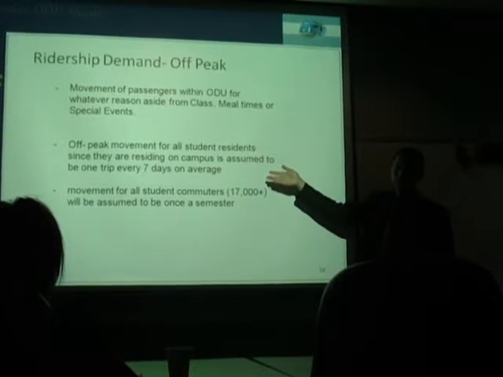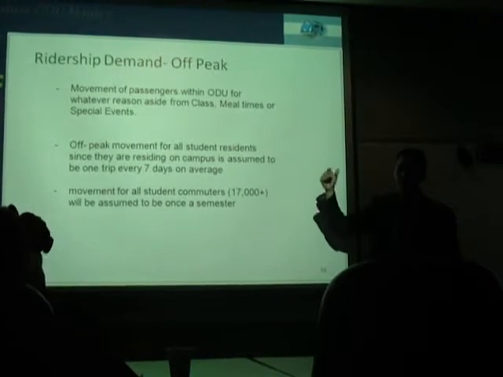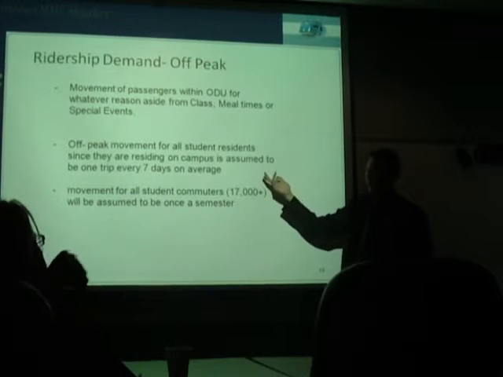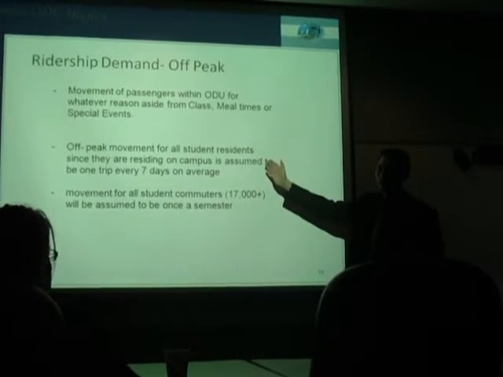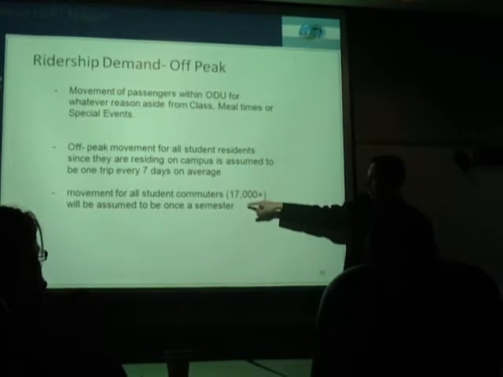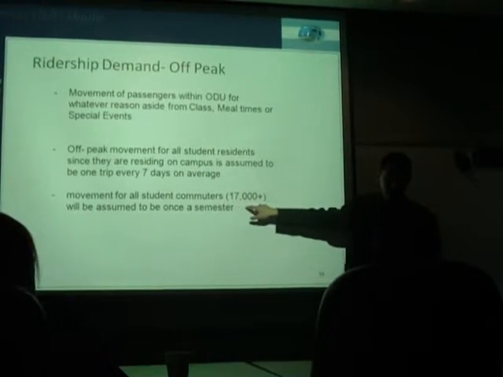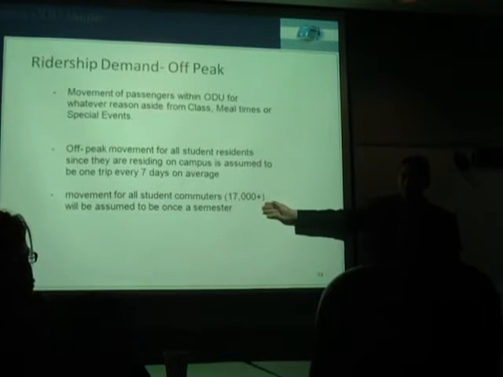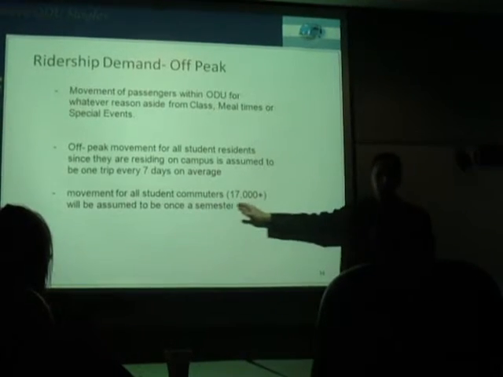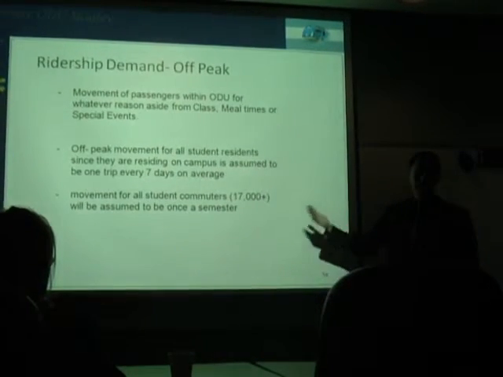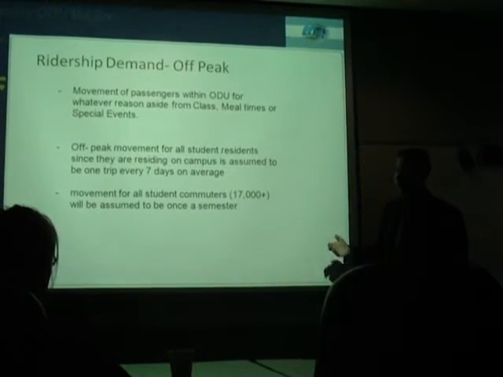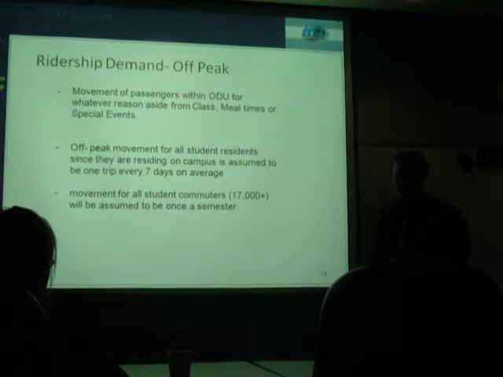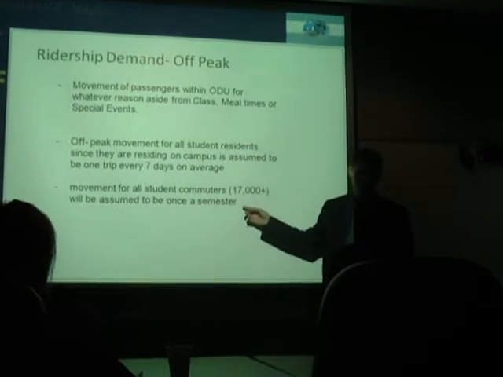Residents will move once every 7 days. Well, this is just an arbitrary assumption. It can go lower, it can go higher. And for the movement for student commuters, there are 17,000 student commuters. And I assume, since they are outside the campus, they will use the maglev for whatever purpose, at least once a semester.